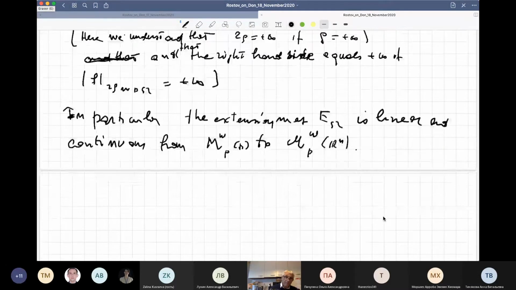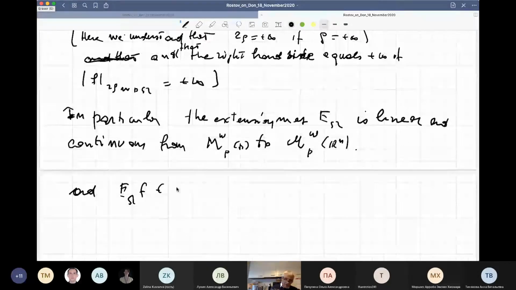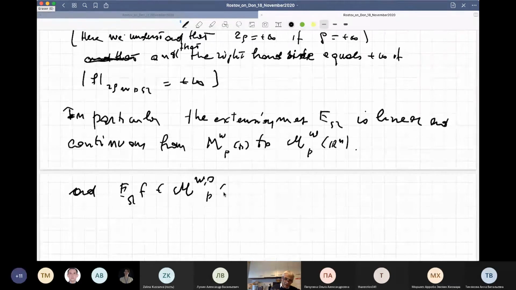And we also have that E omega F belongs to the vanishing Morrey if F is in the vanishing Morrey.